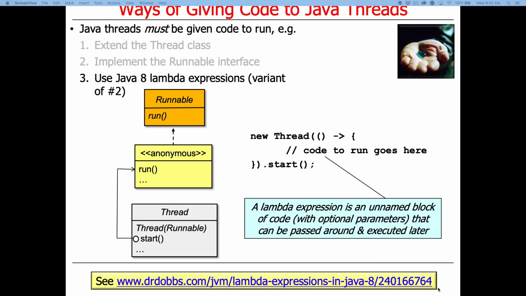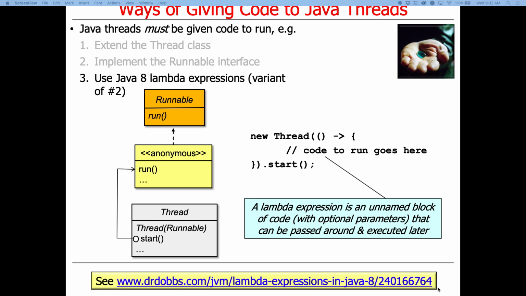The modern way of doing things, if you're using a version of Java that's 1.8 or later, is to use something called a lambda expression. A lambda expression is just an unnamed block of code with optional parameters. In this case, there are no parameters because the Runnable interface doesn't take any parameters.